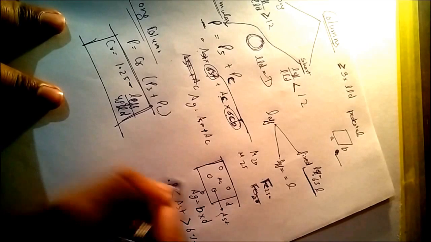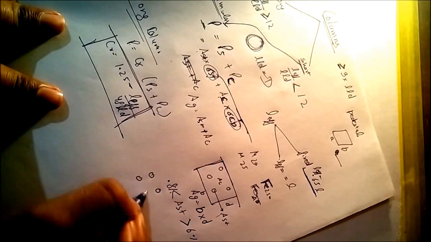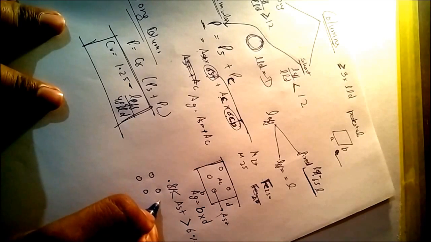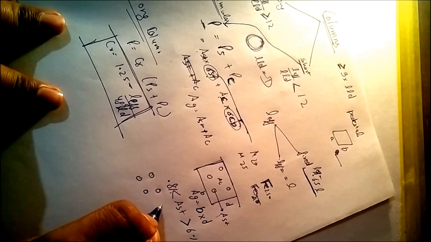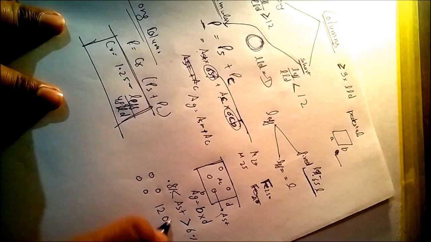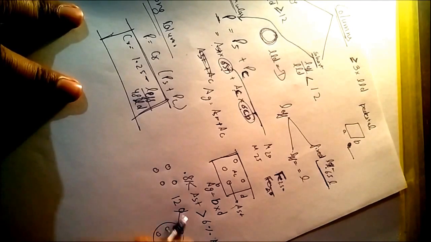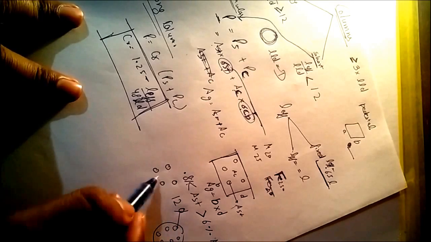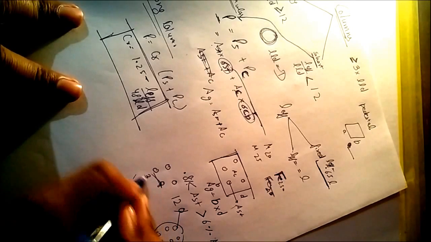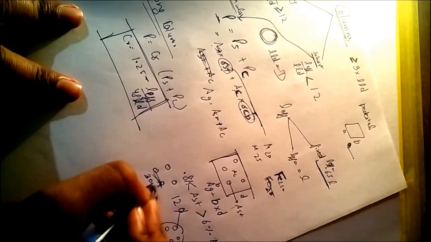For the column, 4 bars are necessary, and all bars should be greater than or equal to 12 mm diameter, but for the circular column there should be 6 bars. And the distance between the bars should not be greater than 300 mm. These are the simple things.